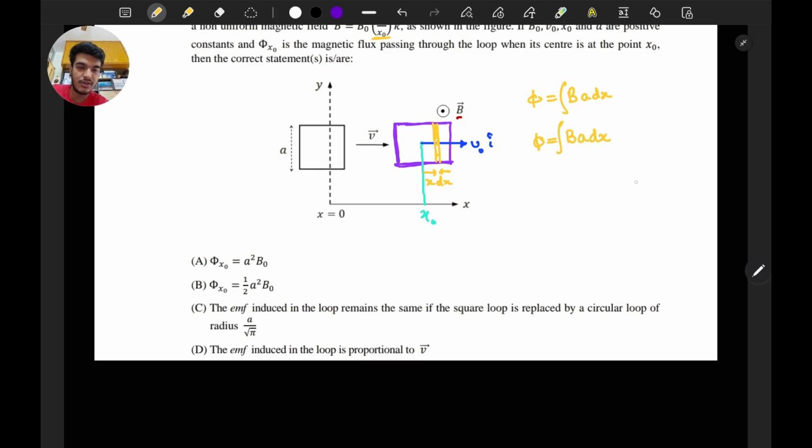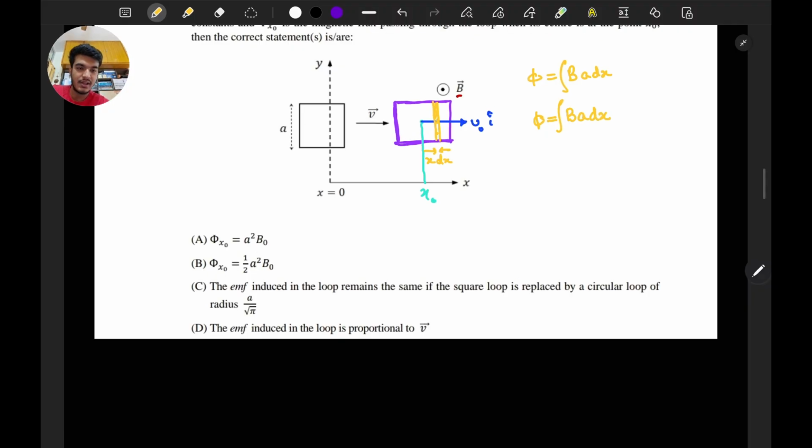We have this formula, b a dx, and we know that the center of mass of any continuous body we can write as integral x dm by integral dm, right?